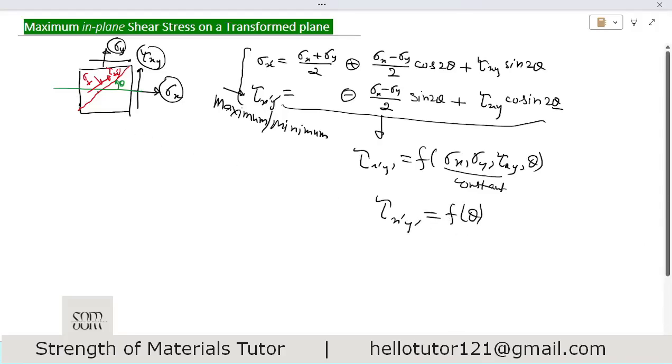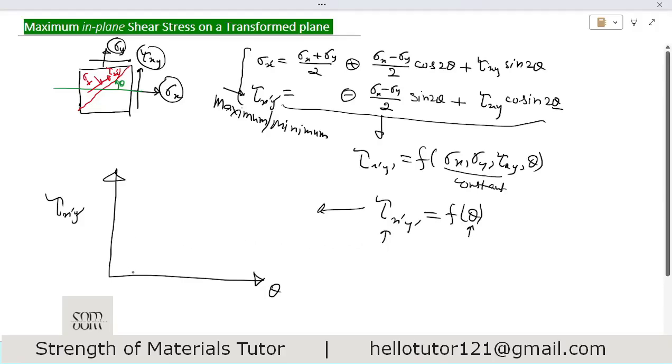So theta is what? Theta is the inclination of this oblique or transformed plane, right? Now it means if we plot this on an axis, let us say this is theta and this is tau x prime y prime. Okay, so it means as we change the theta, tau x prime y prime changes.